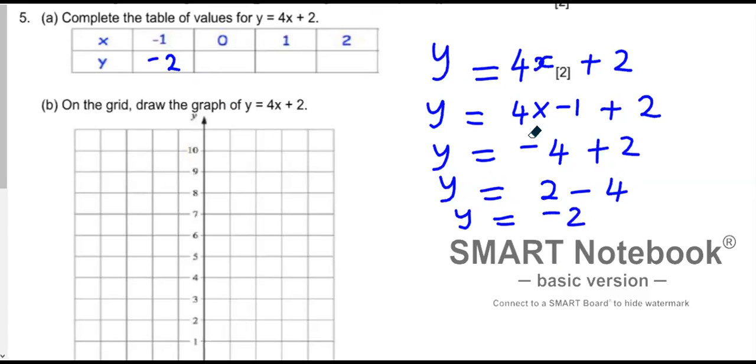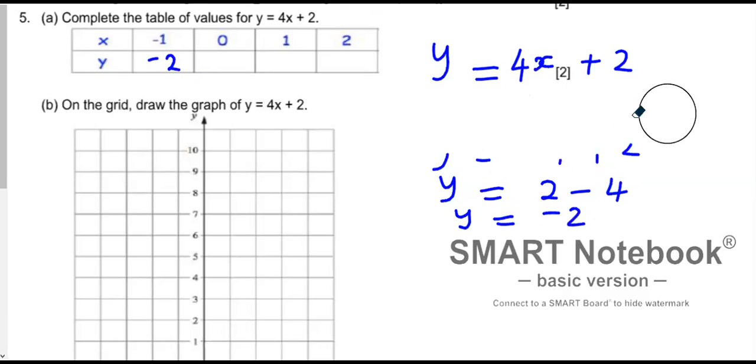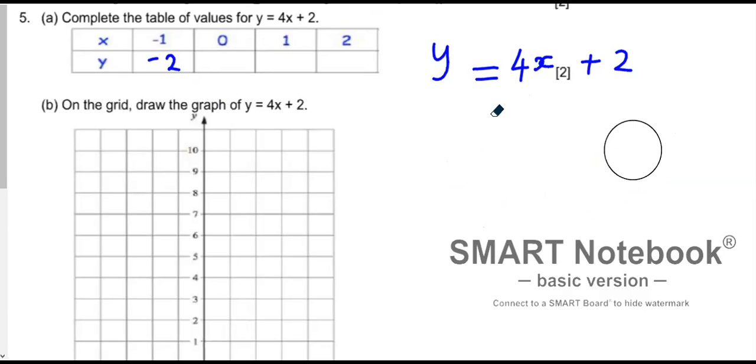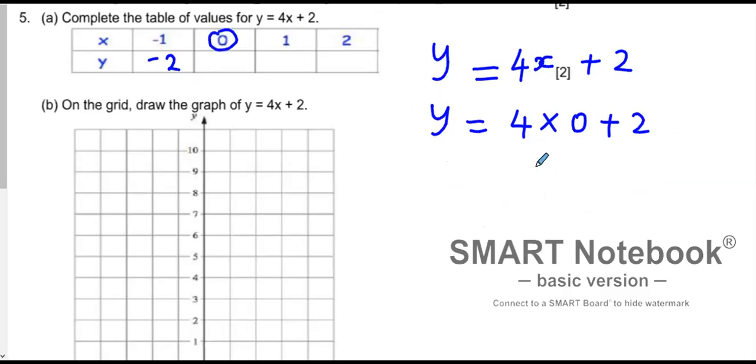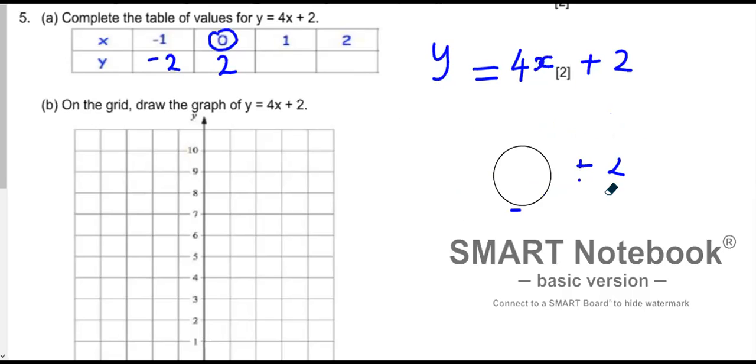All right, keep going. This is y equals 4 times x, but x is 0. Any number times 0 is 0, plus 2, so 0 plus 2 is 2. So this becomes 2. Keep going.